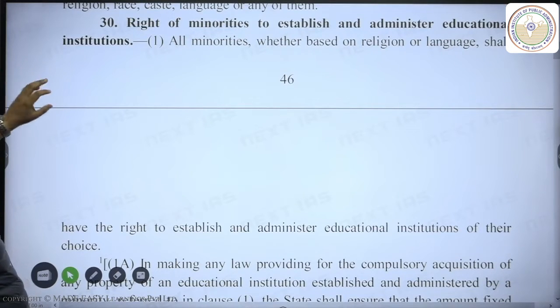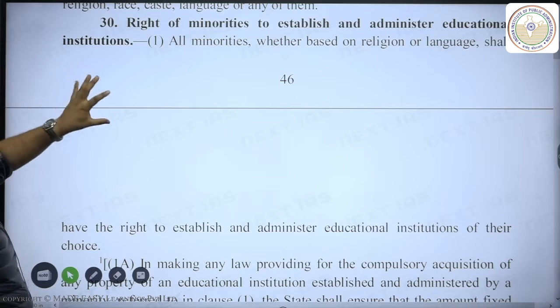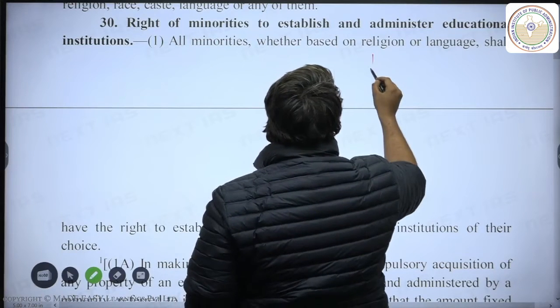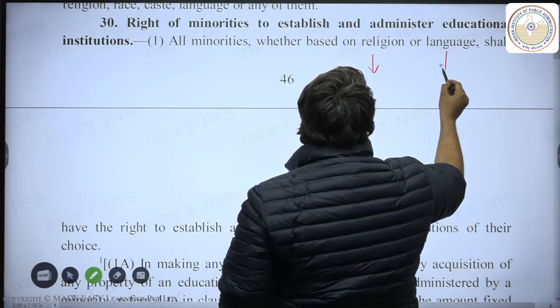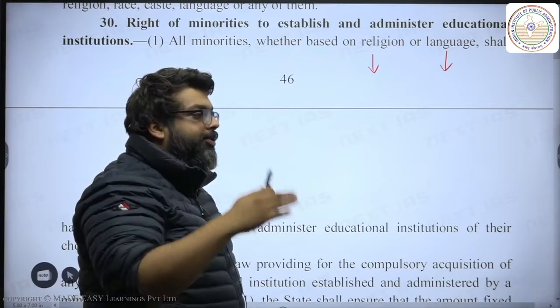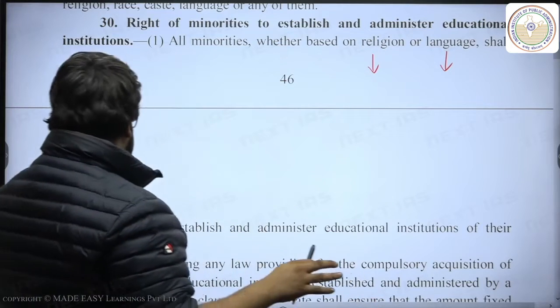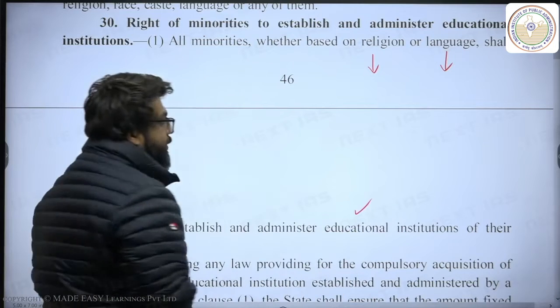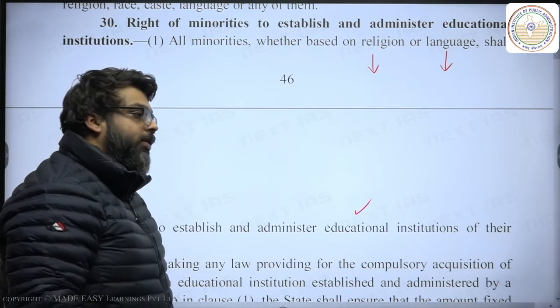All minorities, whether based on religion or language, which means here it specifies a religious minority or a linguistic minority, which means only religious and linguistic minorities have the right to establish educational institutions of their choice.